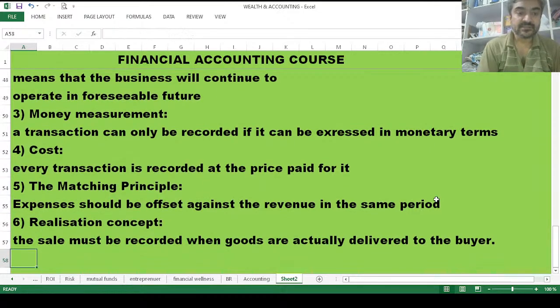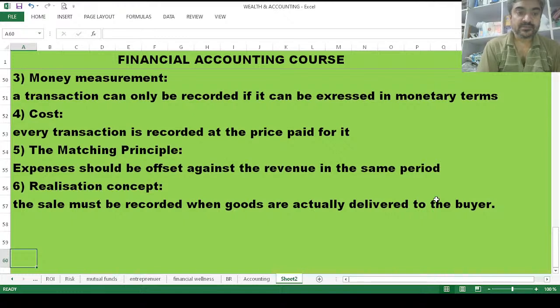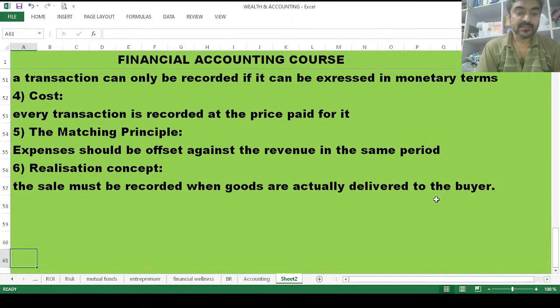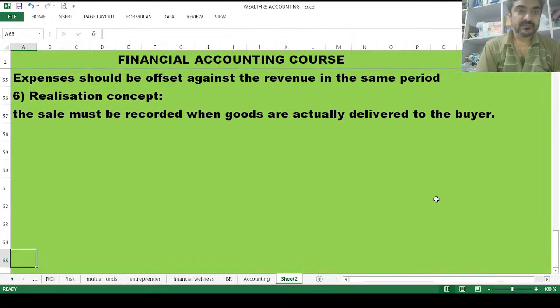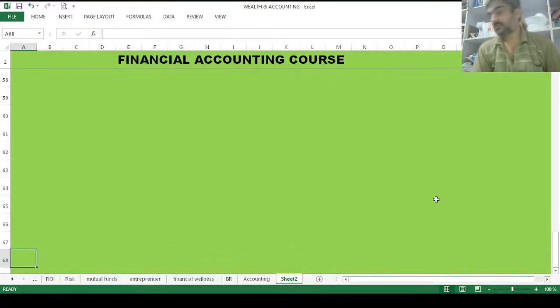Then the realization concept, which says that the sale must be recorded when goods are actually delivered to the buyer. These were our 3 lectures.